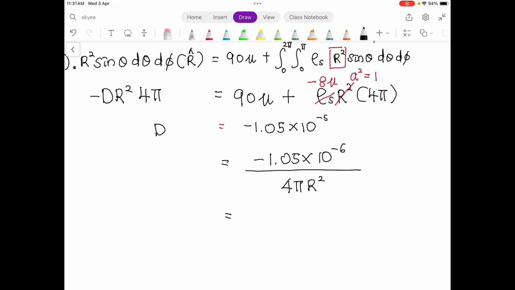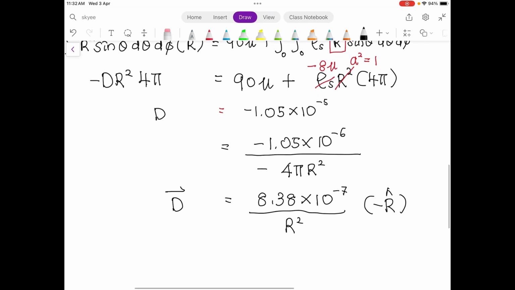So you have a negative here, right? So you get 8.38 times 10 to the power of negative 7 over r squared for D. Okay, so this is the magnitude. If you want to consider the direction, it will be negative r.